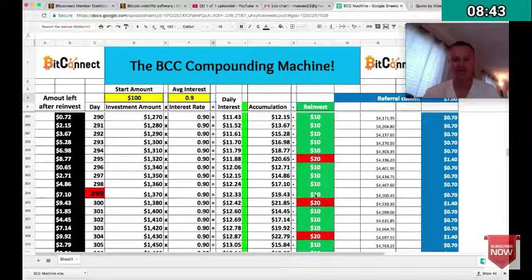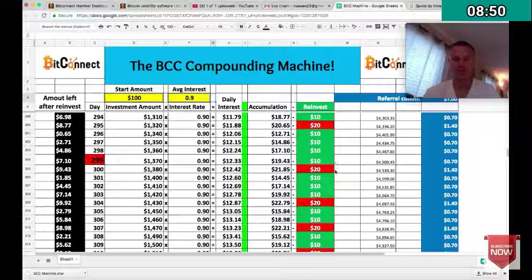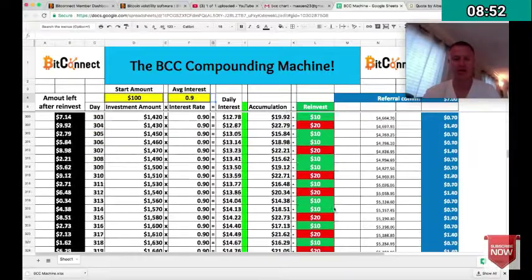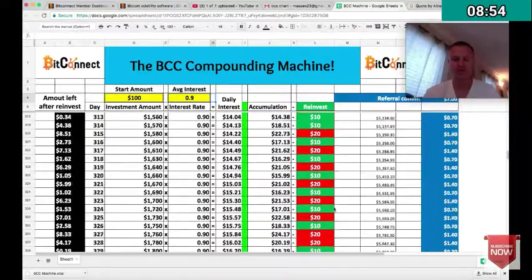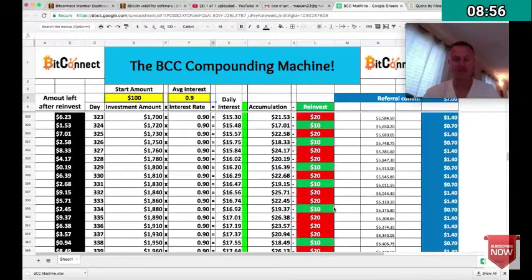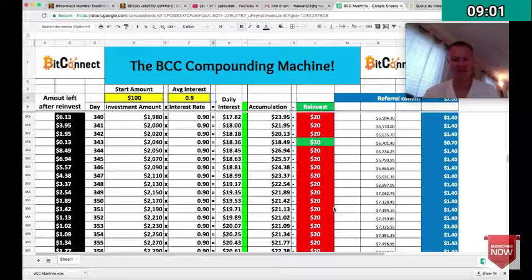Again, we're still at $10. Every chance we get to reinvest, we want to reinvest. But see how the $20s are coming more and more frequent, almost every other day. Soon they're going to turn into every single day. This is beautiful. I tried to color coordinate it. I got a little carried away with some of my colors here, so bear with me.